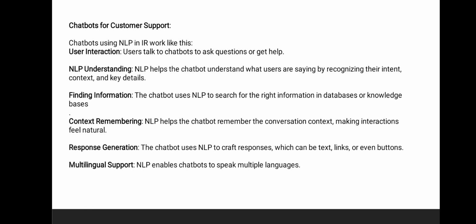NLP understanding: understand what the user actually said or wants to retrieve from our data source, our database. After that, finding information: the chatbot uses NLP to search for the right information in the database or knowledge base, that is our data source.